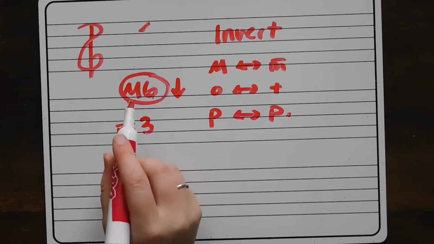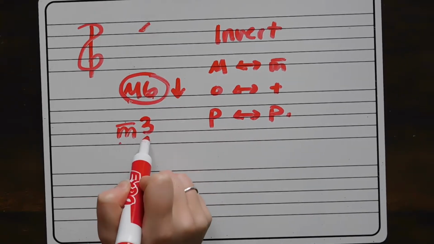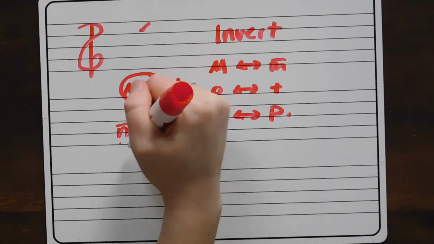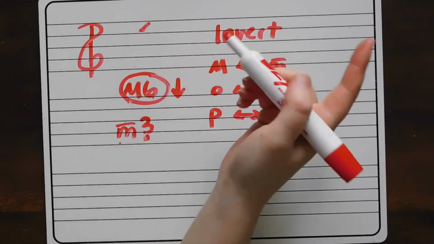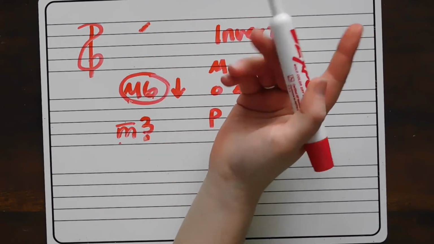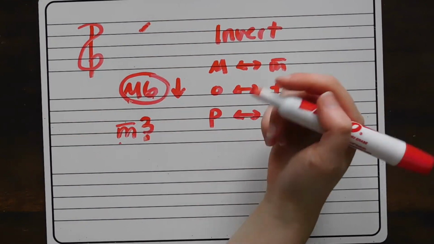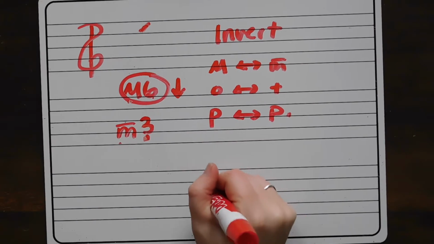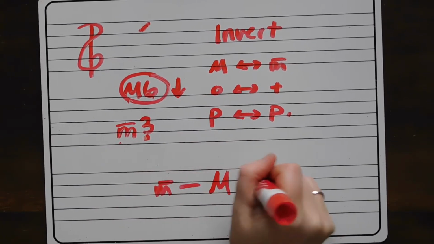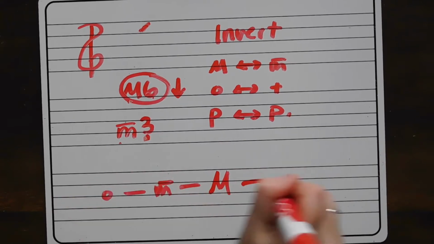So now, if we build a minor third on this E, actually let's just do that, right? So a minor third above E. Again, think about our gauge in the last video. If we wanted a minor, we have to go major and then down a half step, right? Major to minor, and then augmented and diminished, right?